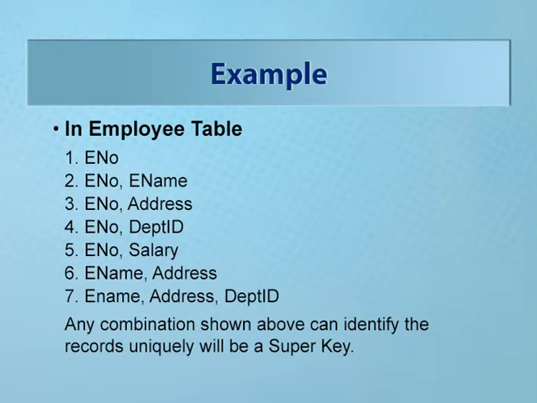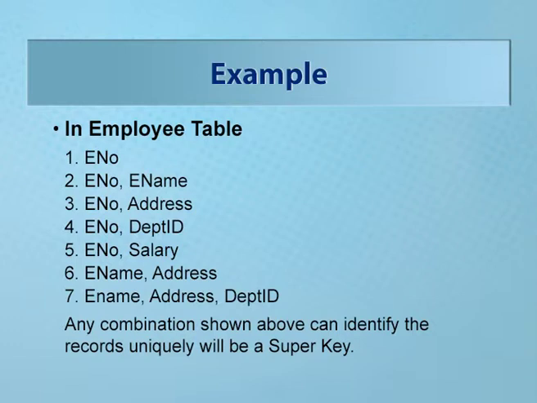Or let us take another set, employee number and employee name; this combination can uniquely identify a record in the employee table. Or another combination, employee number and employee address. This combination also identifies the records uniquely in the table.